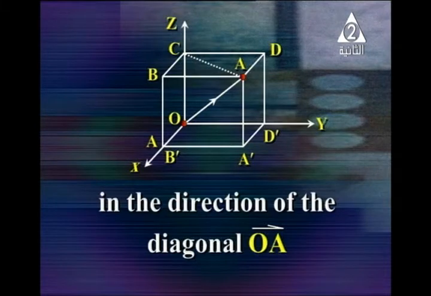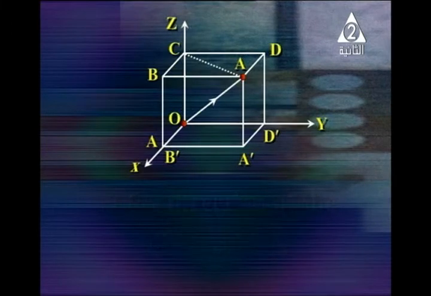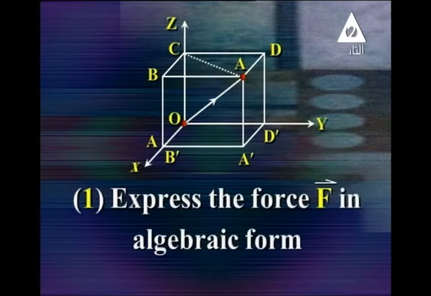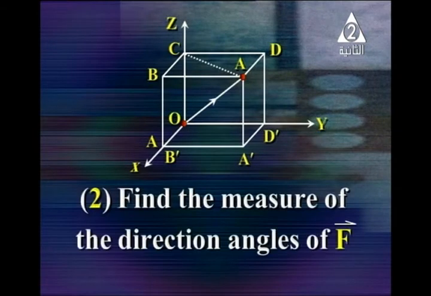We have a force of 200 newtons acting along the diagonal OA. Number 1, express the force F in algebraic form. Number 2, find the measure of the direction angles of F.